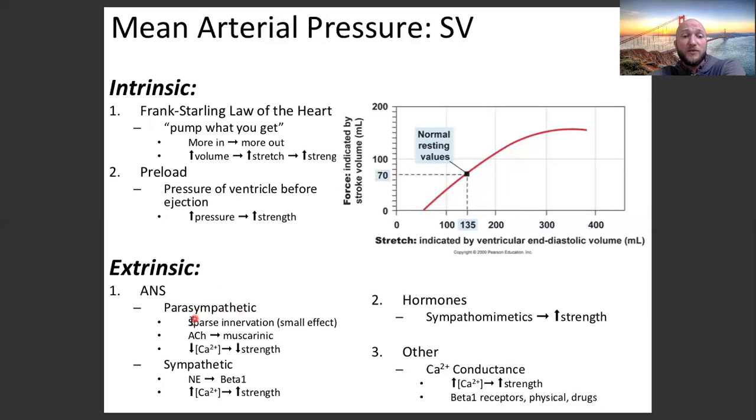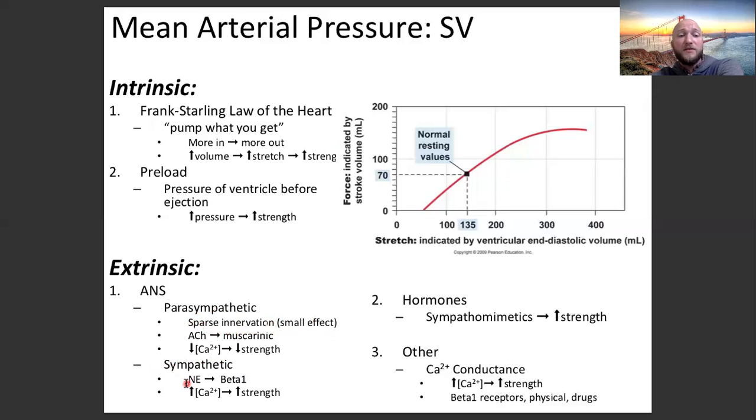Some sources will say there's very sparse innervation with a very small effect. What all sources agree on is that the parasympathetic has a very minimal effect on ventricular contraction, on the strength of a ventricular contraction, on stroke volume.